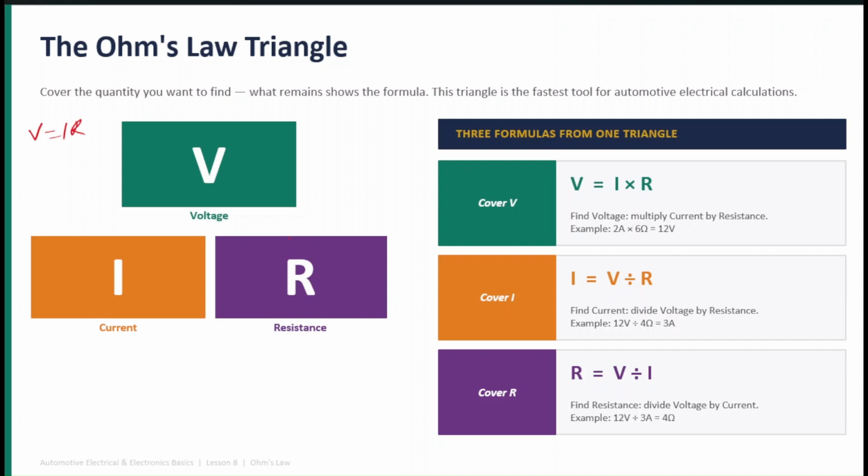Now, if you don't know one thing, I am just going to hide V. We don't know V. Then V is equal to I into R. Consider that if you don't know I, then I is equal to V divided by R.